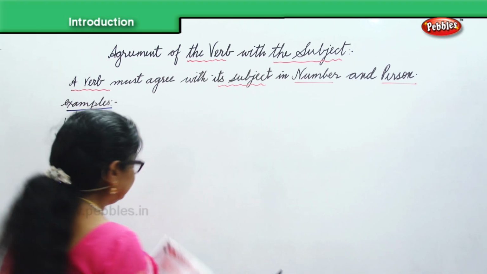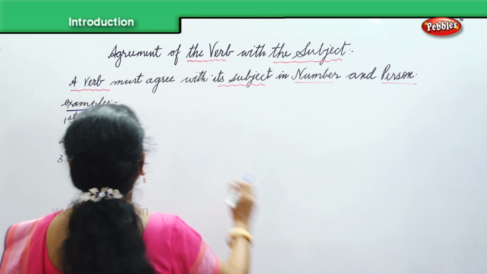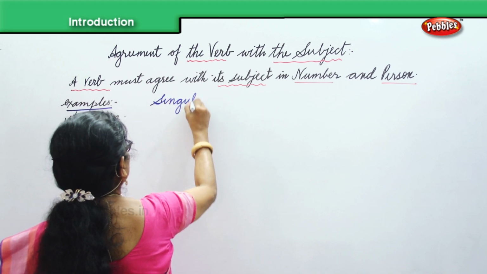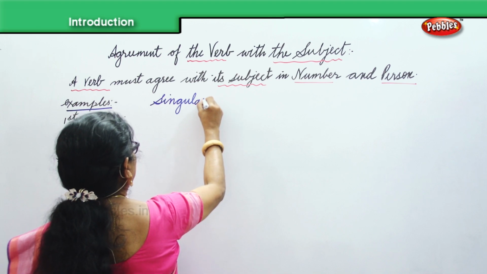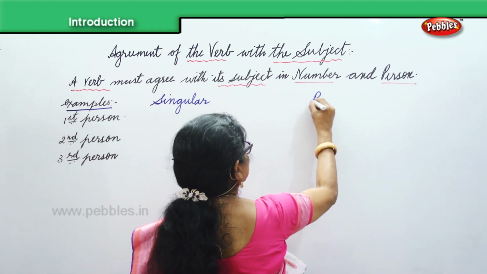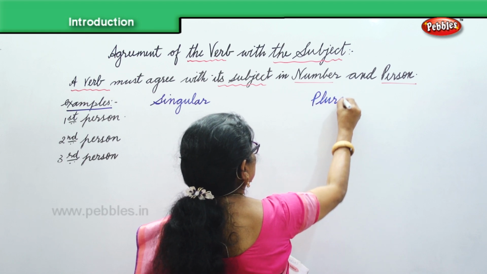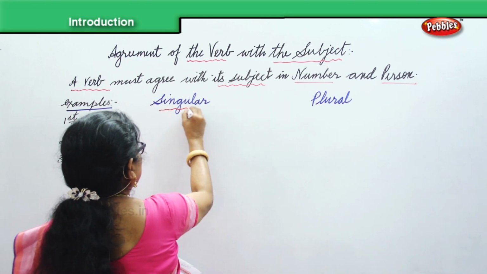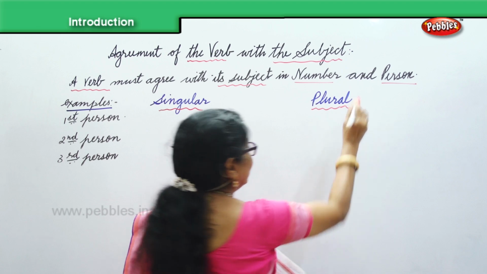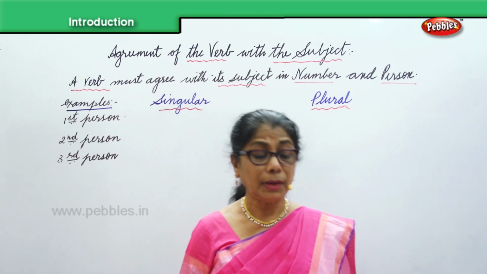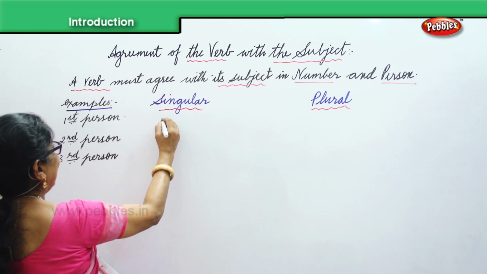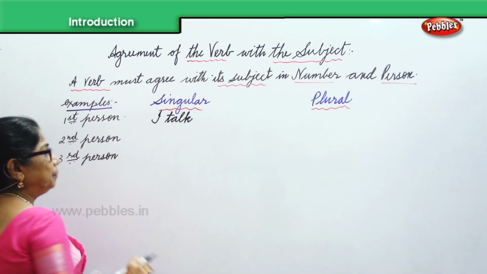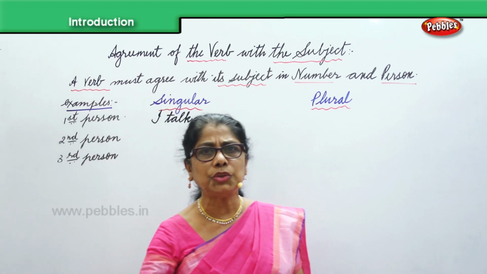Now we have singular and plural. First person singular, first person plural. Now we're going to look at the verbs, how it changes. When you say I talk, in the first person singular you will say I talk.